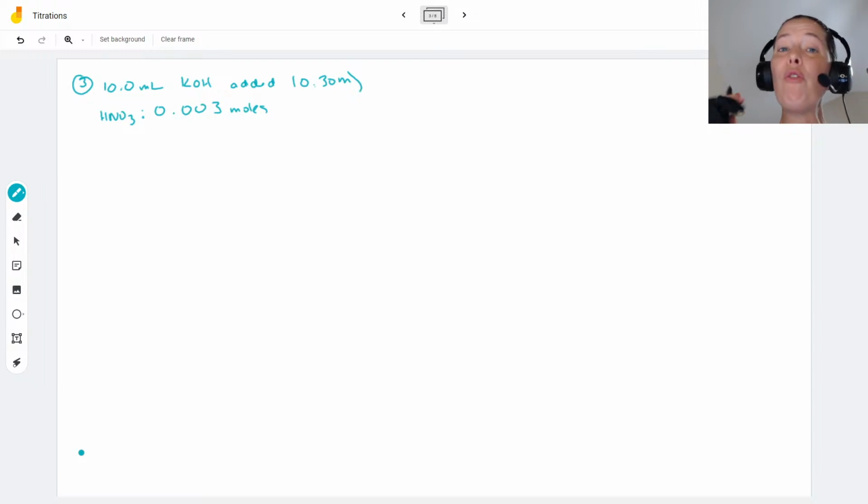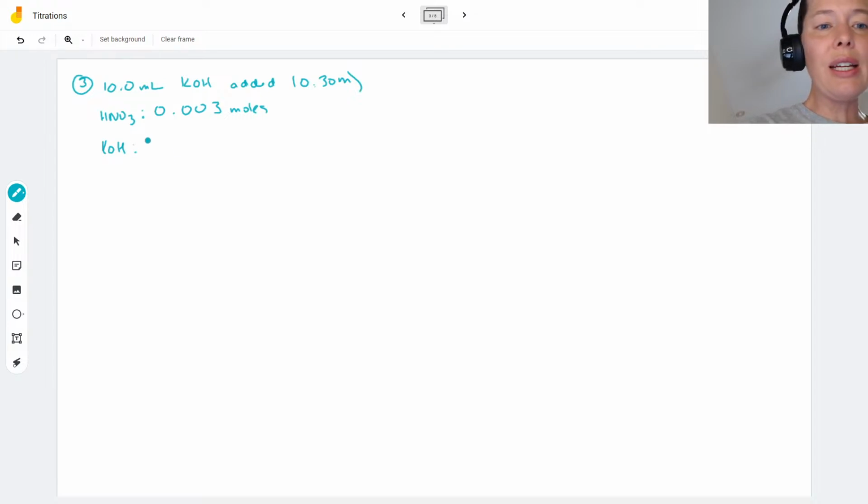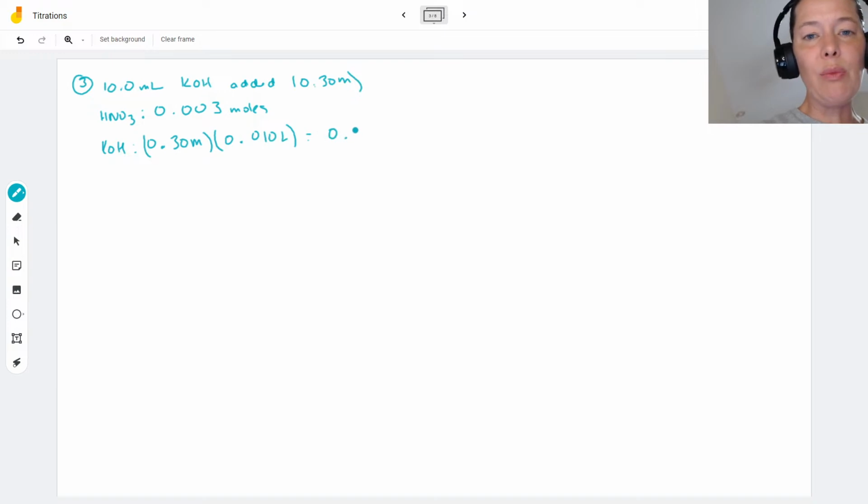Okay, so for our potassium hydroxide, though, that has changed because we now have 10 milliliters instead of the 5. So for our potassium hydroxide, again, we have the 0.3 molar, and this time we have 10 milliliters that we've added, so our volume changes, and that gives us 0.003 moles.